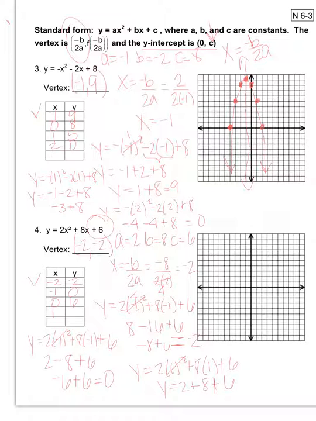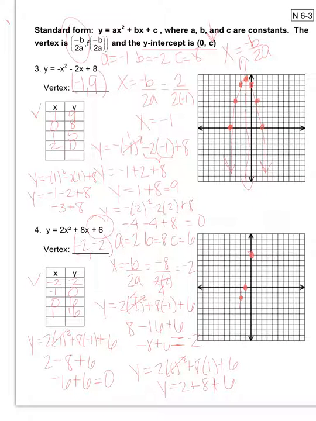So that would give you 16, which is going to go off of our graph. Okay, so let's plot negative 2, negative 2, which is our vertex. And then negative 1, 0. 0, 6. And then 1, 16 goes off the graph.